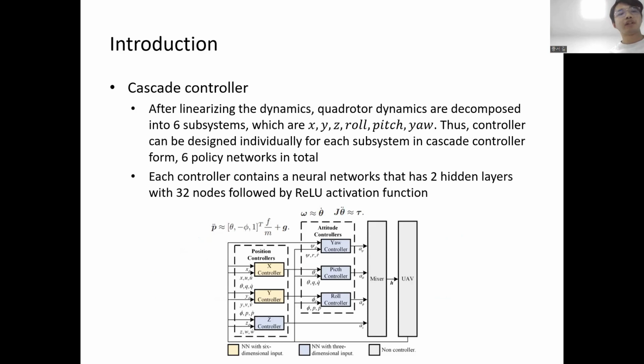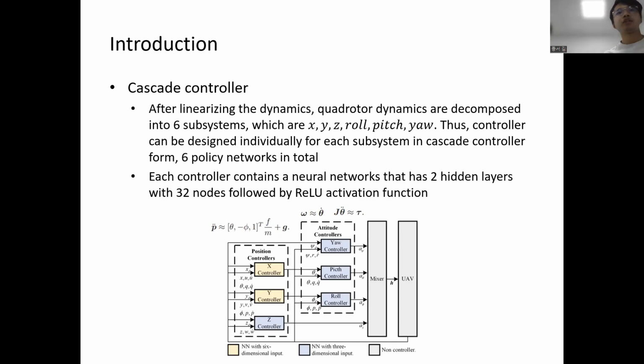For the cascade controller, after the dynamics is linearized, each part is now decoupled from each other, and 6 subsystems can be obtained, which are X, Y, Z for the position subsystem, roll, pitch, and yaw for the attitude subsystem. Thus, the controller can be designed individually for each subsystem in the cascade controller form. The controller consists of 6 policy networks in total.